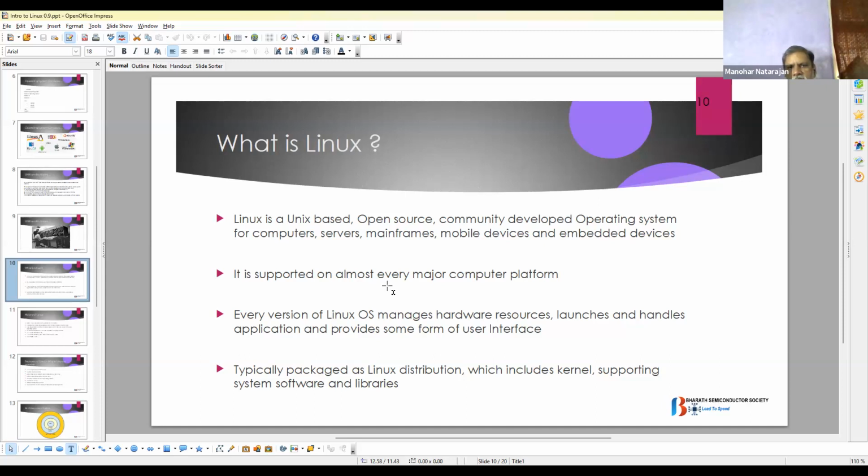There may be slight variations for a country like Europe, China or the US, but broadly it remains the same. But Linux has so many distributions, so many varieties, and each of us can develop our own version of Linux fairly easily. You have the basic kernel, you can decide what components to put together, and create your own version, because the code is all available. That gives it the power.